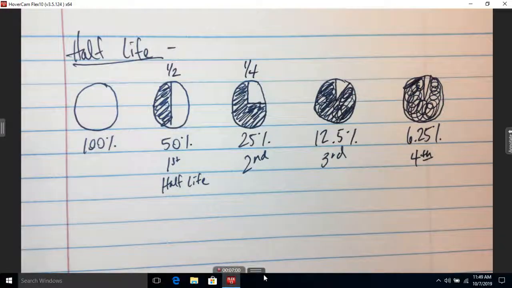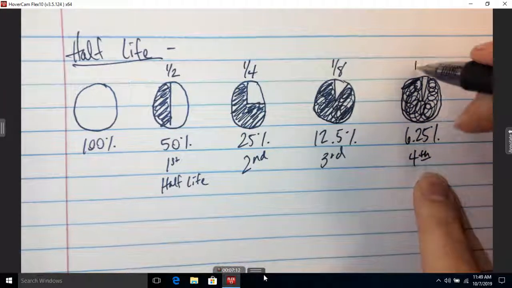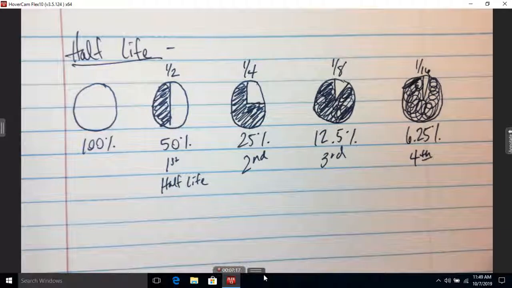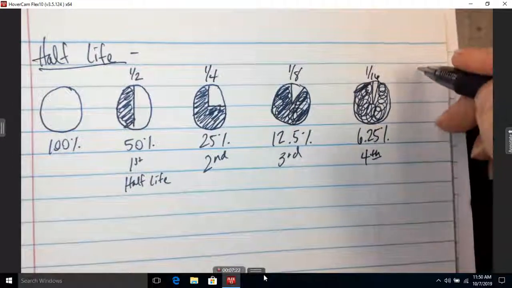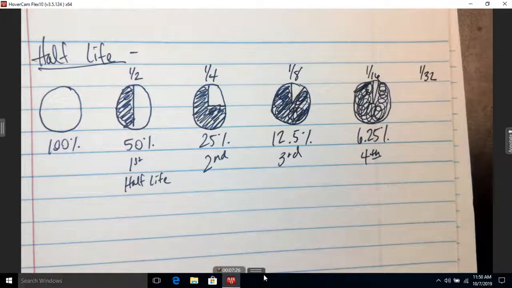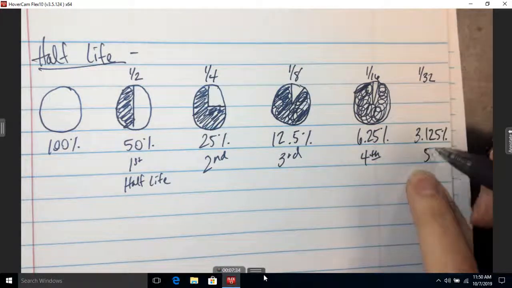What would this one be? 1/8. 1/16. What would the next one be? 1/32. I'm not going to draw it because it would be so small. What would my percentage be? 3 point what? 3.125%, and that's the fifth half-life.